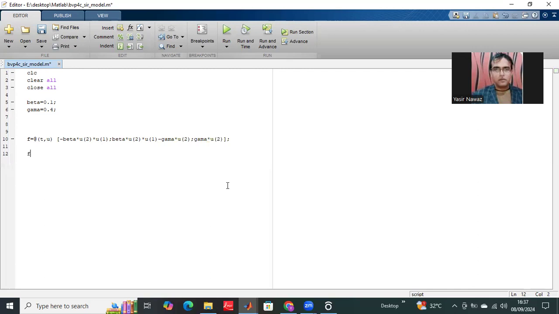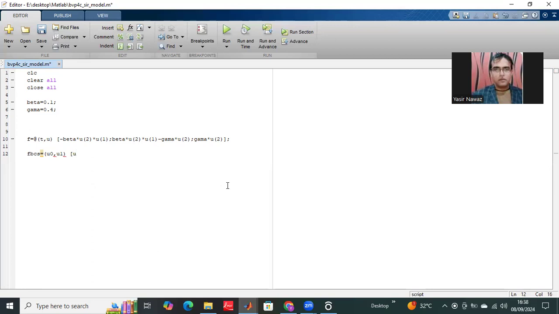Now I will use the initial condition, because bvp4c is used for boundary value problems. I will give two variables: one is u0, the other one is u1. u0 is for the left hand side of the domain, and u1 will be used for the right hand point. u0 represents the very leftmost endpoint, the first grid point, and u1 represents the very rightmost point.